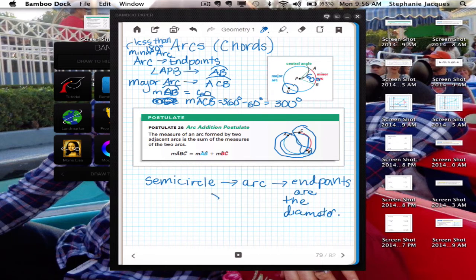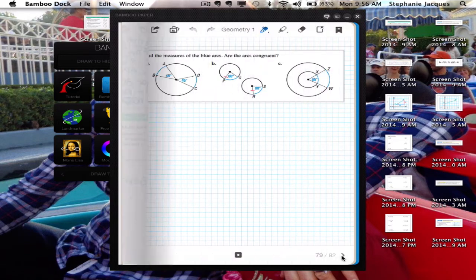So for example, you have this circle and you have a point here and a point here, and you needed to find the measurement of the arc. This is a semicircle because it's the diameter, so it's going to be 180 degrees. Okay, let's move on to the next one.